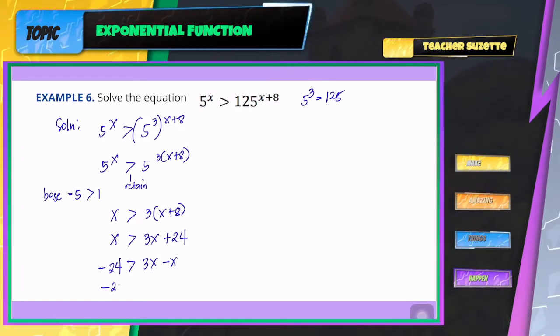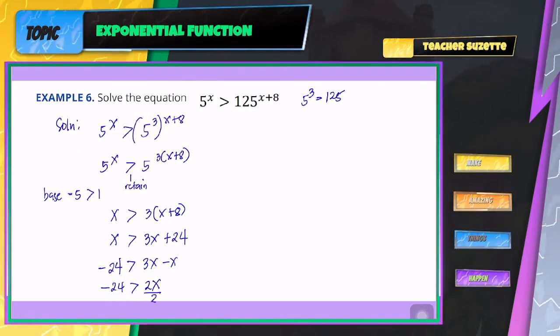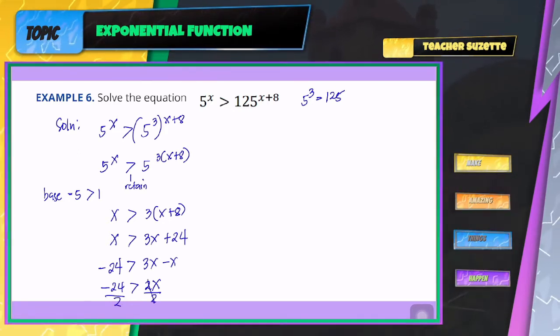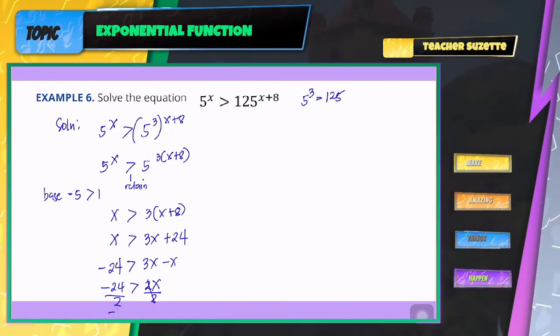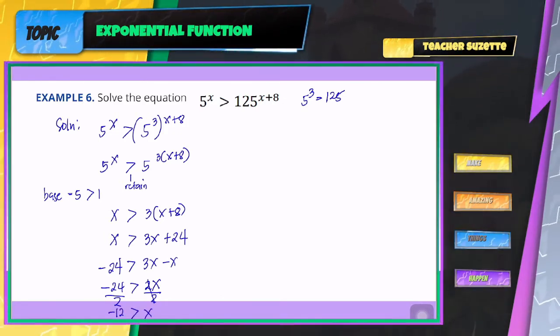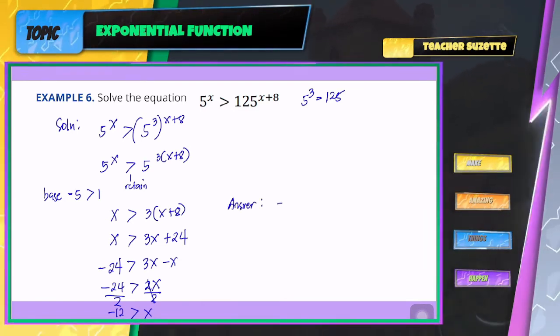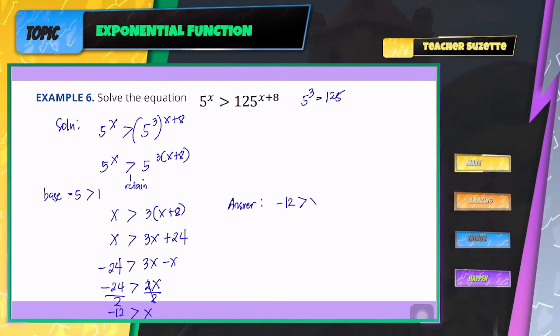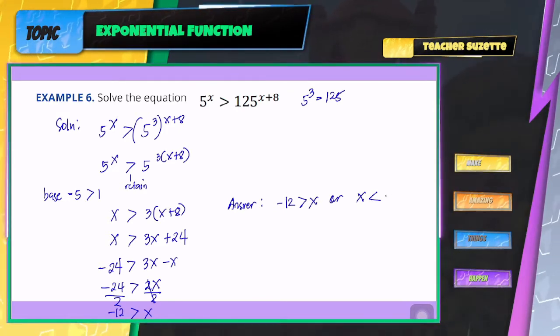Then, negative 24 greater than 2x, dividing both sides by 2. Then, you will have negative 12 greater than x. So, that is the answer: negative 12 greater than x, or it can be written as x is less than negative 12.